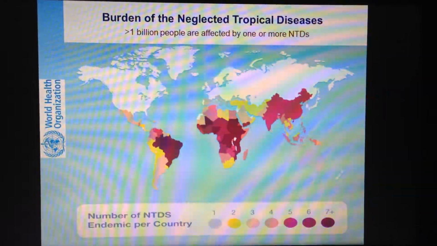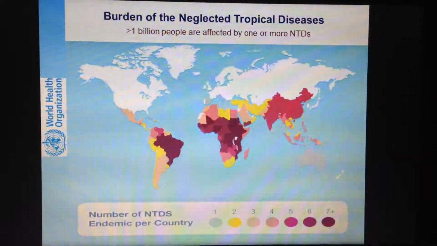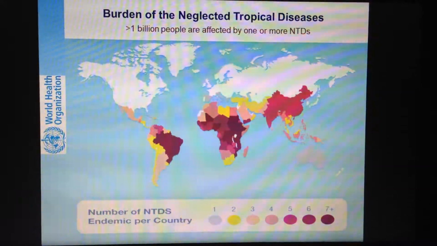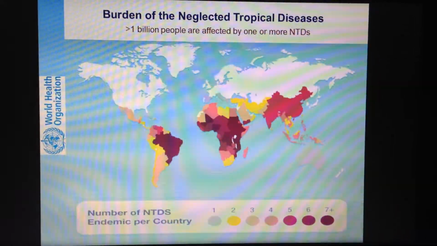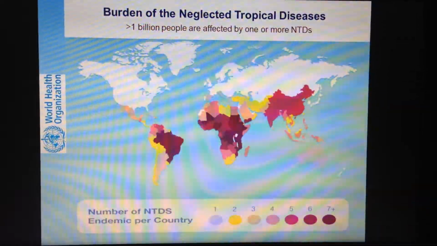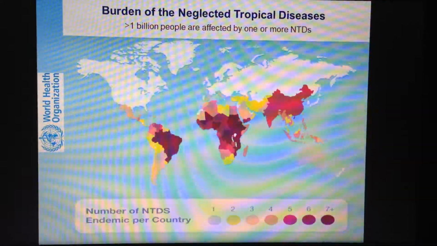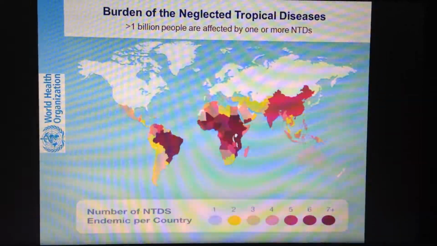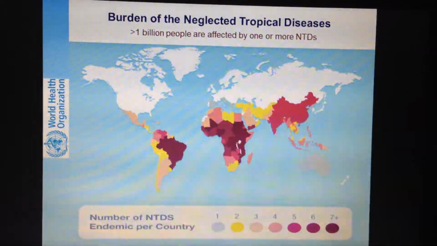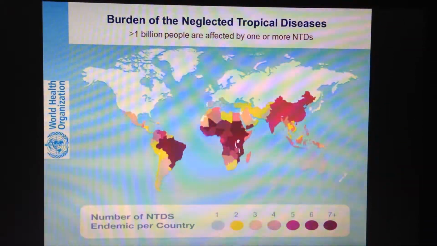You can see in this map the distribution of neglected tropical diseases at country level, and you will realize that the darker the color, the higher the number of diseases in a given country. You can see that the diseases are mainly distributed along the tropics and the subtropics, and it's mainly related to poor or very poor countries.